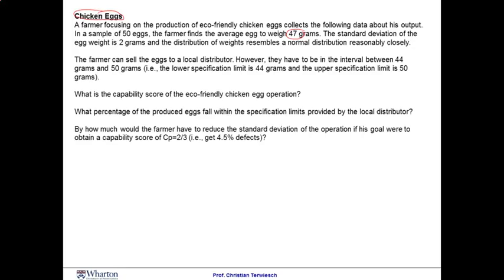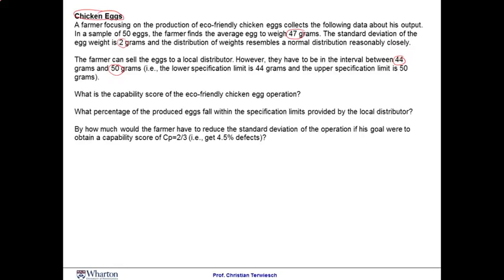He takes a sample and finds that they have a mean weight of 47 grams and a standard deviation of 2 grams. However, you can only make money on them if they fall into the specification interval between 44 and 50. And so he wants to do some of the Six Sigma calculations that we talked about in class. Try it out.